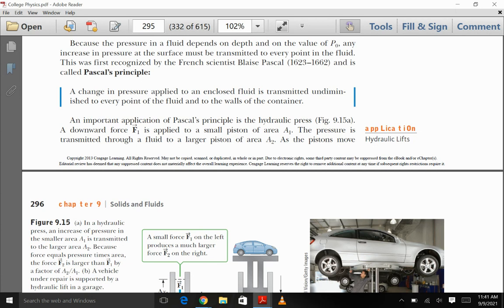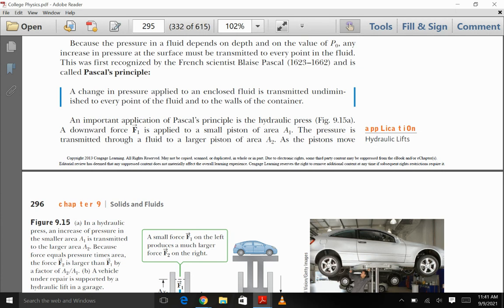So why is enclosed important here? Because if it's open, the pressure is just going to go out. It's just going to go somewhere, and you won't be able to harness that particular pressure. So that's something that you want to take care of, isn't it?